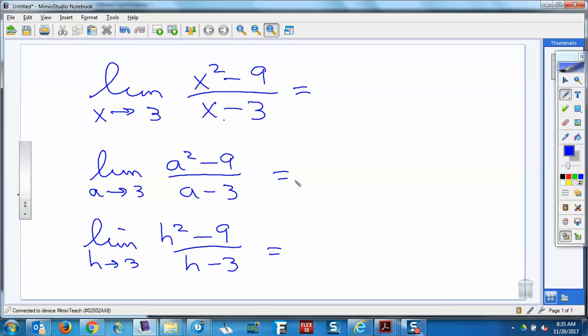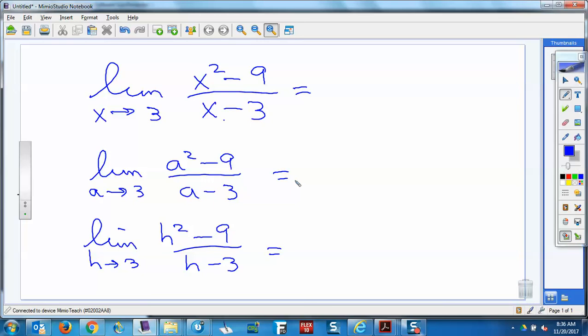And if you were doing this no calculator, what would you do right away? First second, what would you do? Top one, you plug in a 3, what do you get? 0 over 0. So that tells you to what? Keep going. Now this one's an obvious one. What are you going to do? You're going to factor out an x plus 3, x minus 3 on top. You're going to cancel an x minus 3.